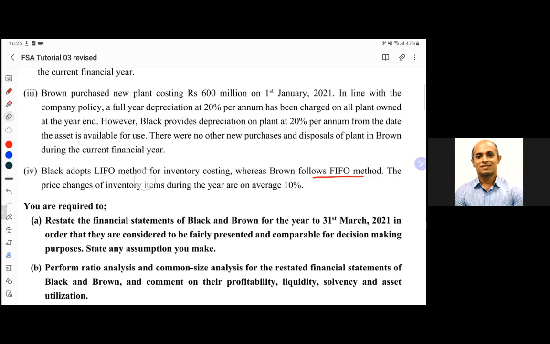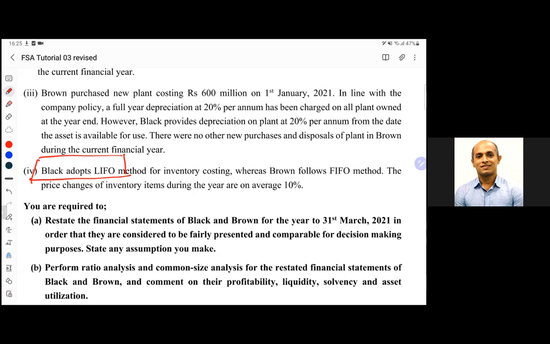Okay. Now let's see Black first. You see Black follows LIFO. We studied that if it is LIFO, cost of sales is at current price, and the problem is with the closing stock value.